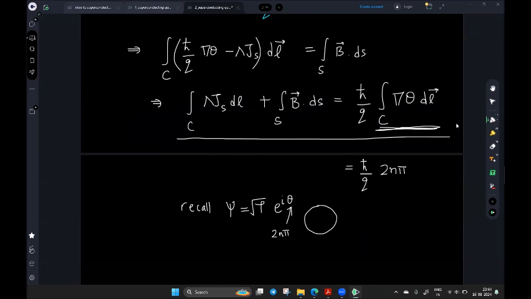If I integrate around the loop, this exponential won't change at all. So it is actually valid if I write the integral on the right hand side as some integer multiple of 2 pi. I should mention that n is an integer.